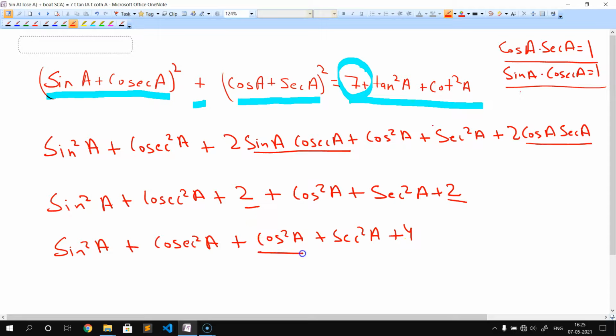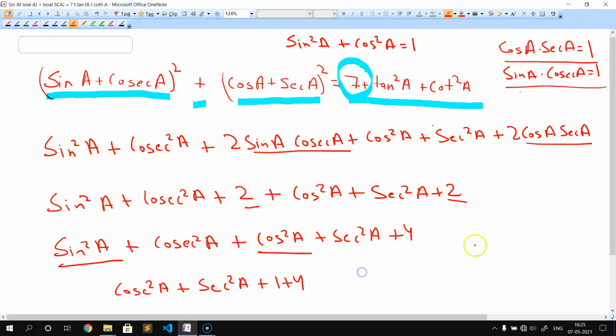And here you can see cos square A and sin square A, and they are in plus. So sin square A plus cos square A is equal to 1. So now we will have cosec square A plus sec square A plus 1 plus 4.